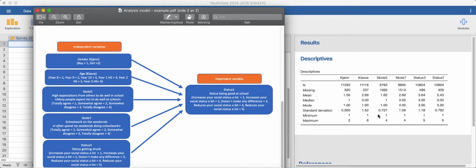That's a scaled question, so I would go for using the mean, and the mean is 1.62, which means that on average Norwegian youth say that they somewhat agree, so it's more towards 2 than 1. So on average they say that they somewhat agree to the question, many people expect me to do well at school.